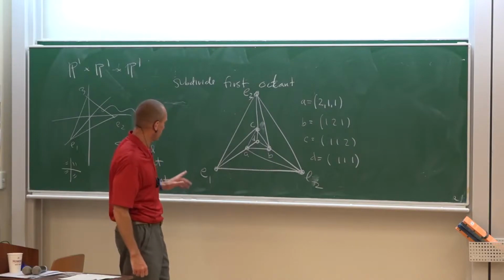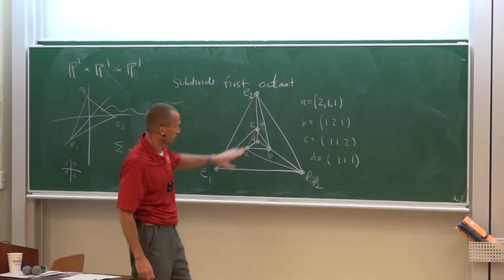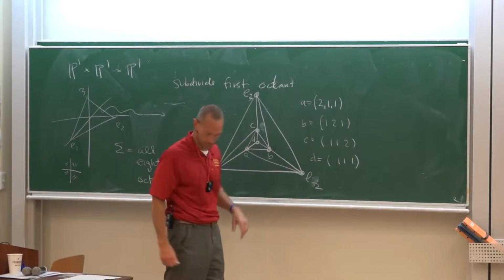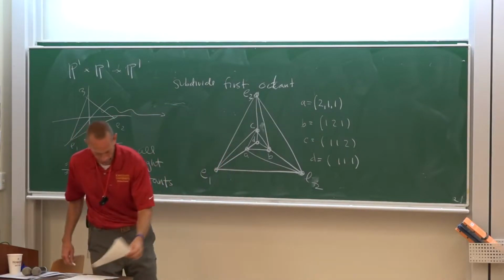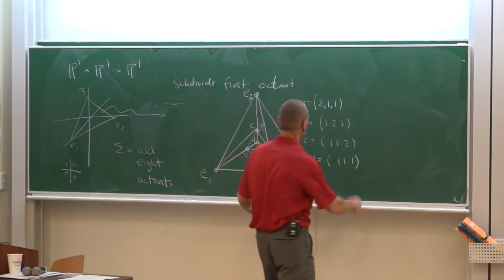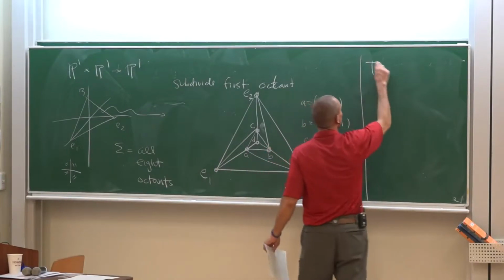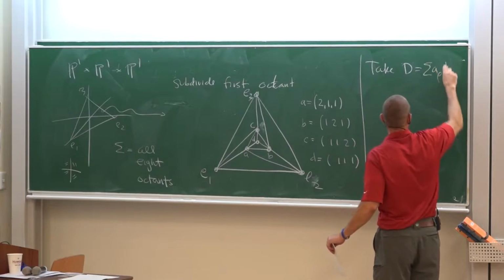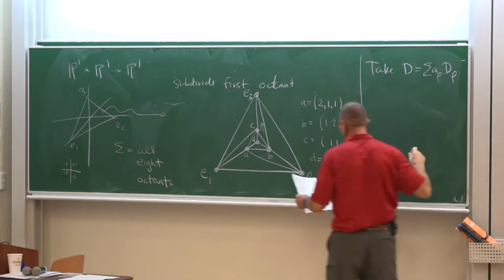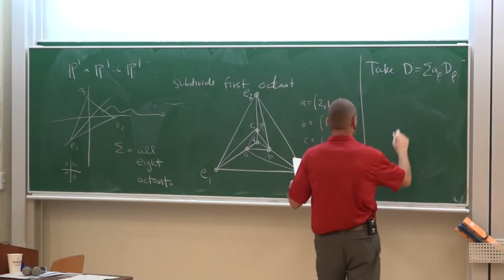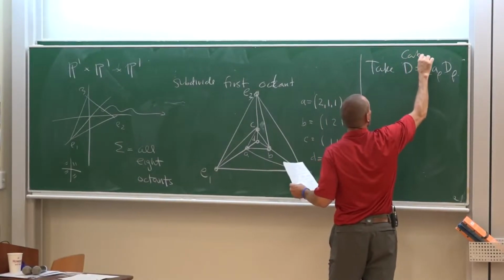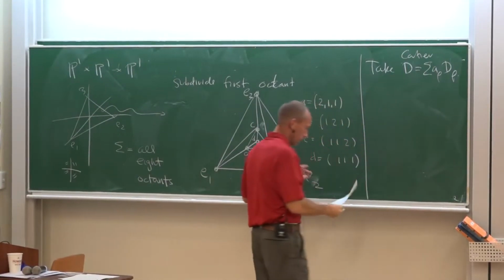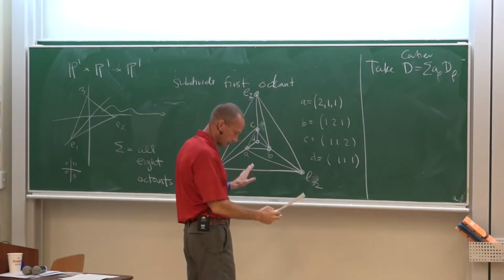So now we're going to play a little game. Here are the other rays in this fan. The first thing we're going to do is take D equals the summation of a_rho D_rho, and Cartier. And I want to make an assumption, and I have to justify it.